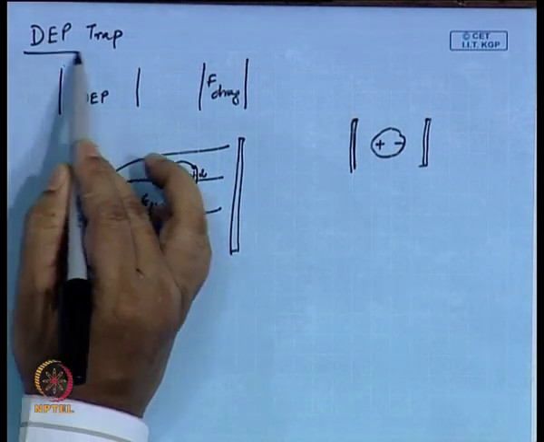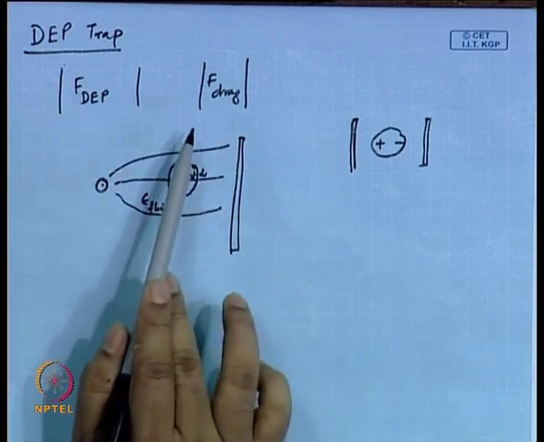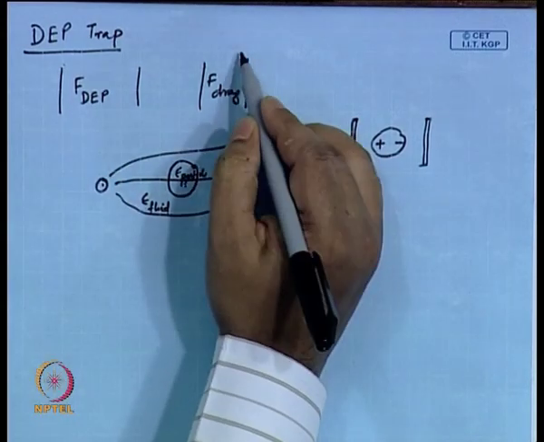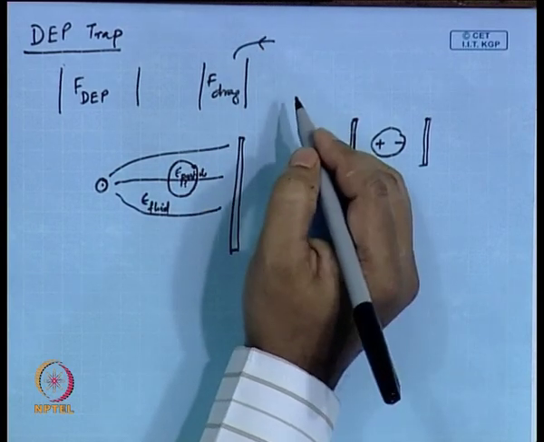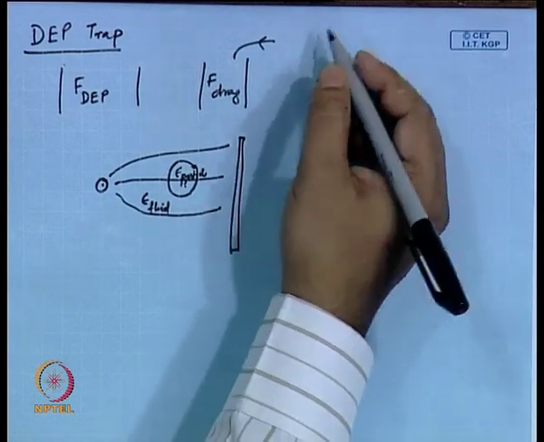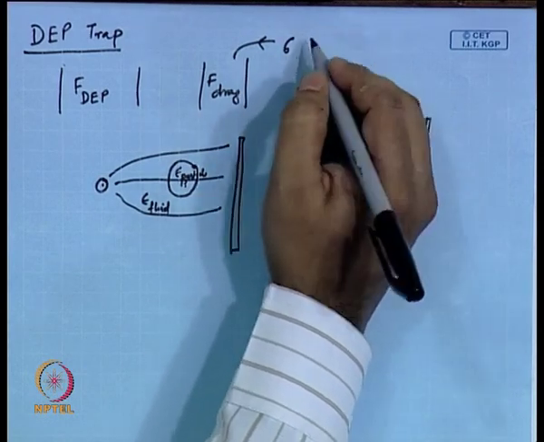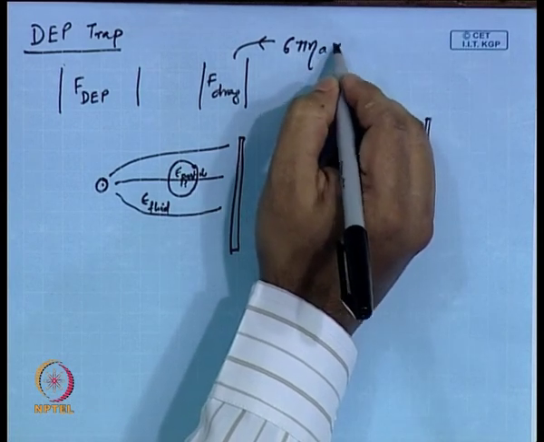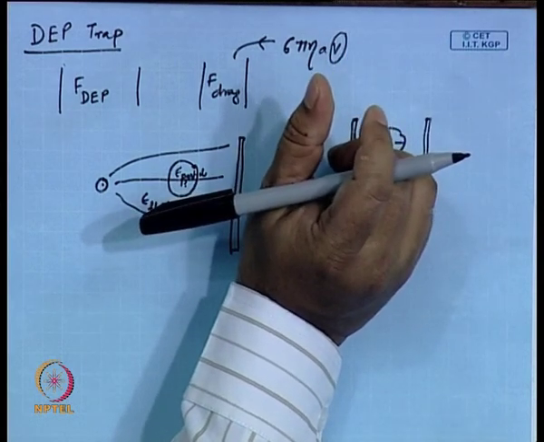So, this is what we mentioned here as DEP trap, and then we are trying to find out what is the FDEP and what is the F drag. We are trying to find out the expressions. F drag is very simple. F drag follows Stokes law, and it is simply written as 6 pi eta a V, and this V is given for a microchannel which is a rectangular channel, not a circular capillary.